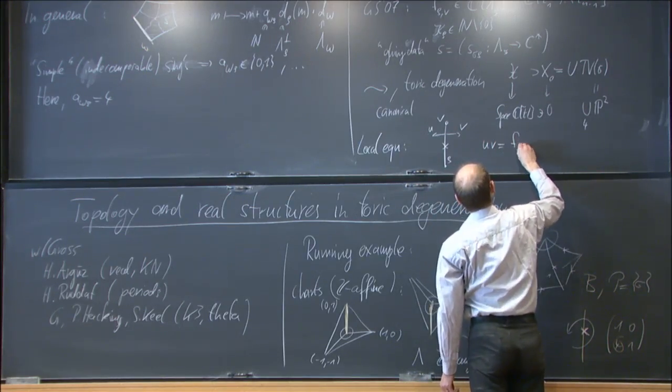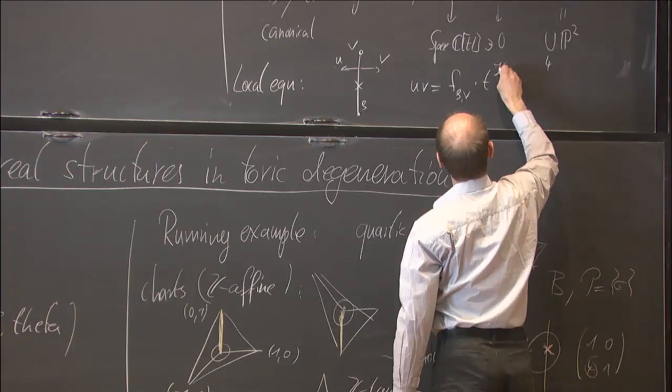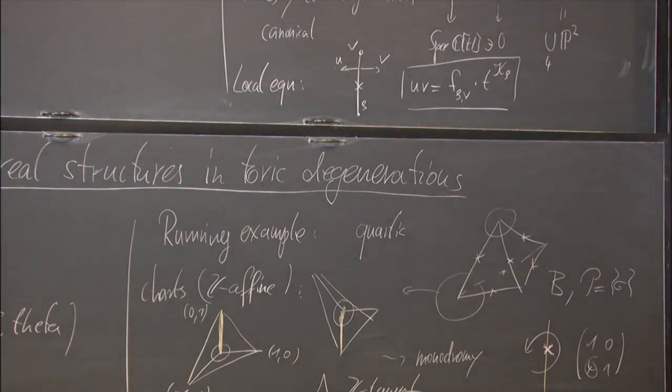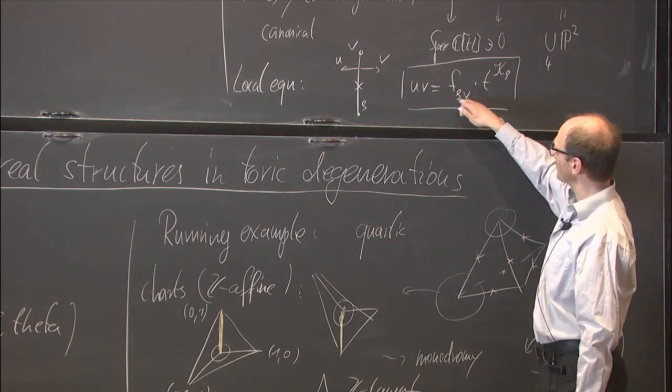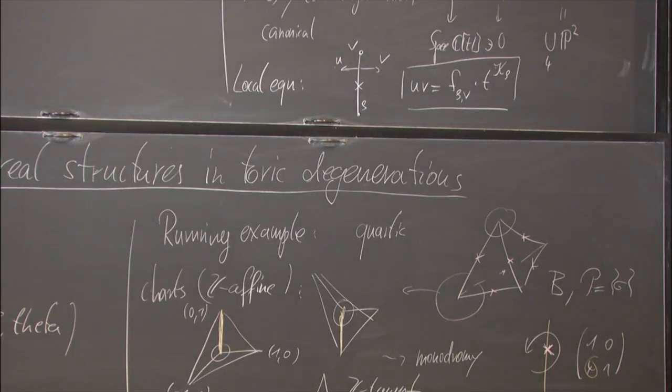And then there's an equation of this form. Okay, so it's as simple as it gets. So whenever f rho v is non-zero, it's just normal crossings, but it has some kind of funny singularities at these points where f rho v becomes 0.